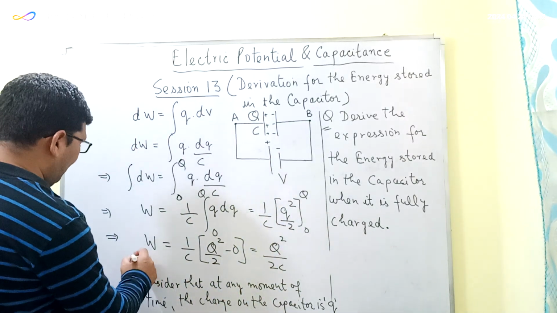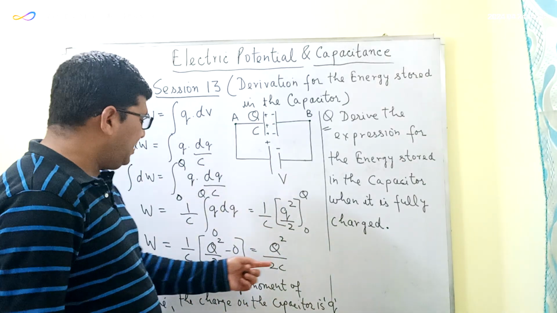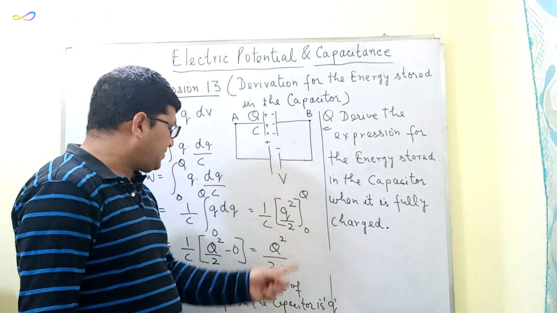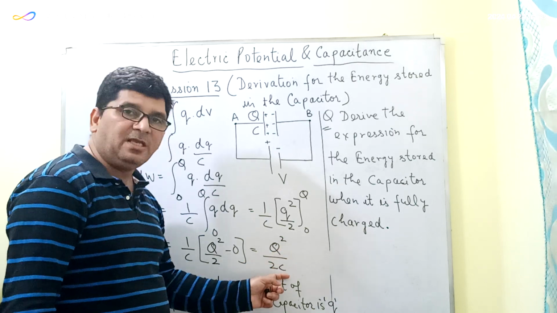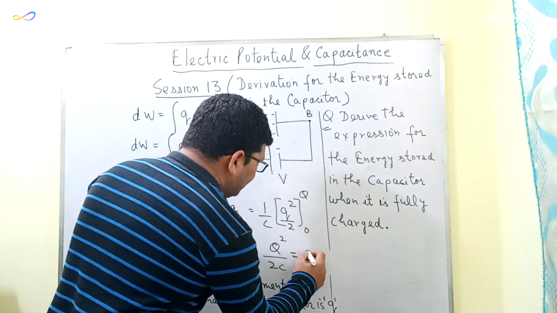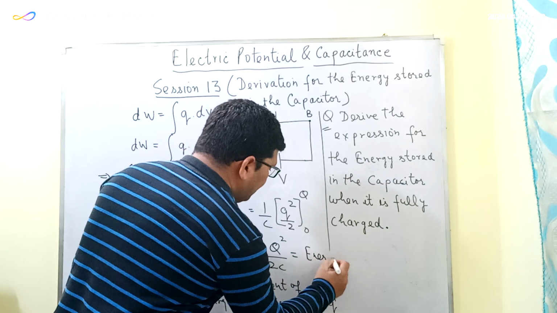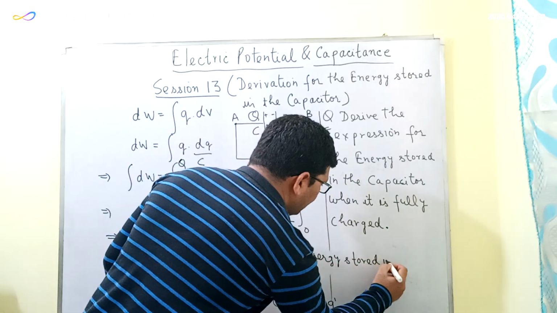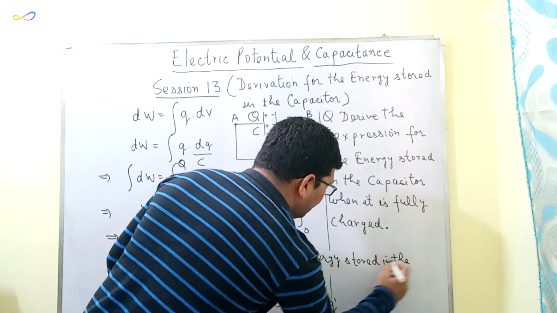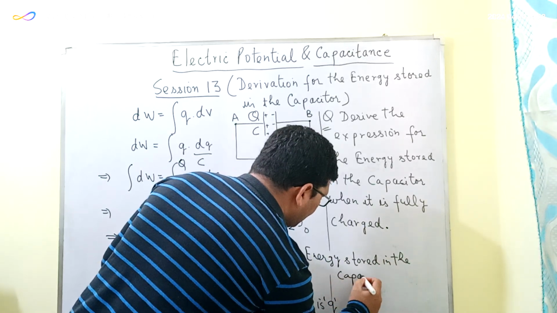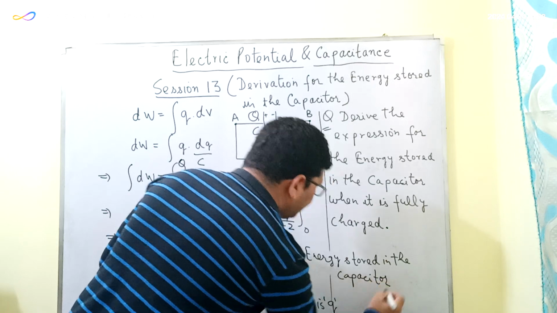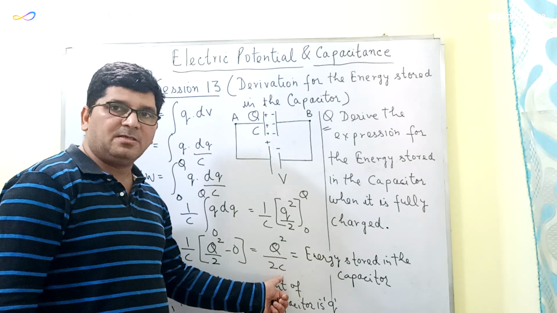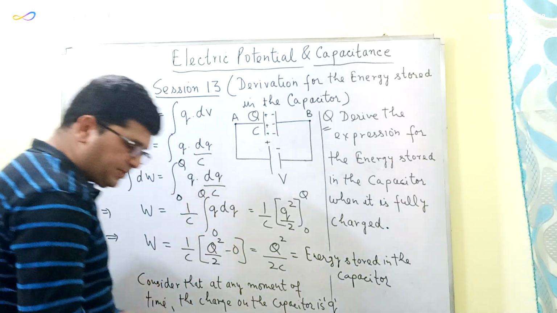So the total amount of work done in transferring this charge capital Q on the plates of this parallel plate capacitor is equal to Q square upon 2C, and this will be equal to the energy stored in the capacitor.